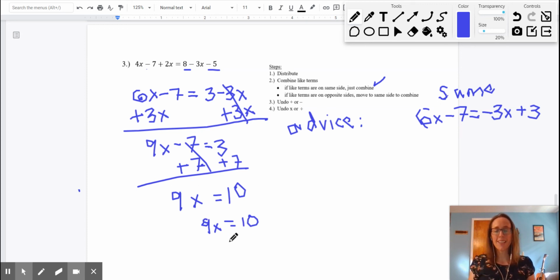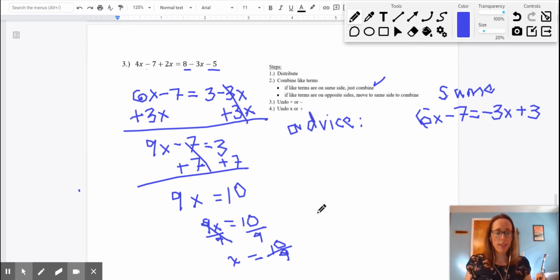I just rewrote it because my next step is to divide by 9. And this time, when you divide both sides by 9, this reduces out because 9 over 9 is 1. So you really have 1x, but we don't usually write the 1. Okay. And on the right-hand side, that doesn't reduce. It's just 10/9.